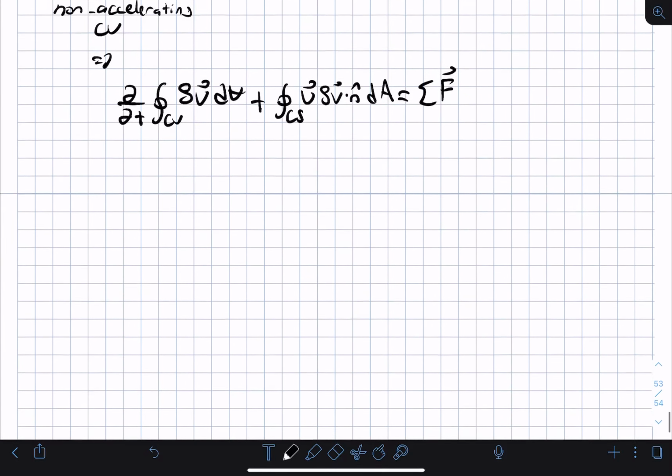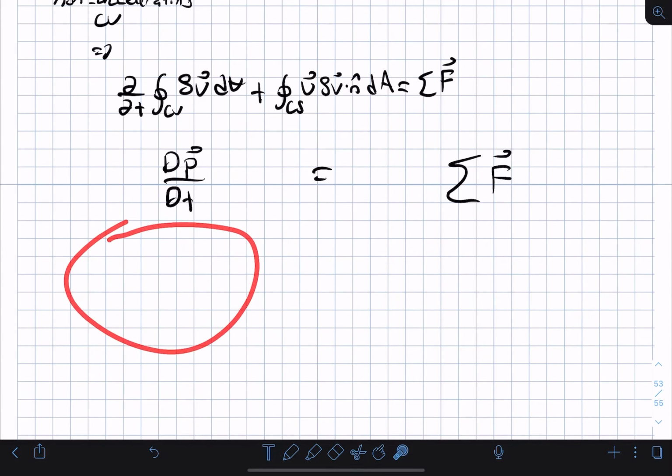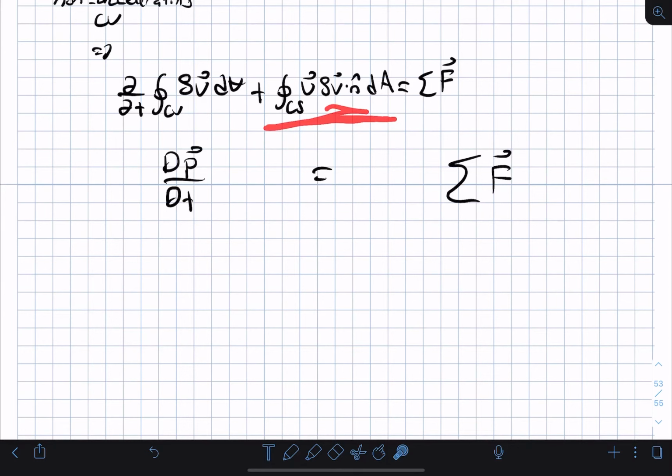So I'll sometimes write just as a note to myself, dp dt equals the sum of all the forces. So on this left side here, I put all the velocity vectors and things like that, so I can form the surface integral, and then I put the sum of the forces on the right.